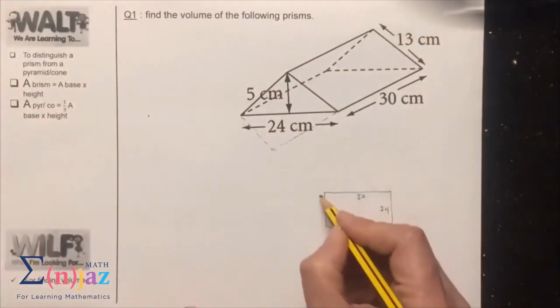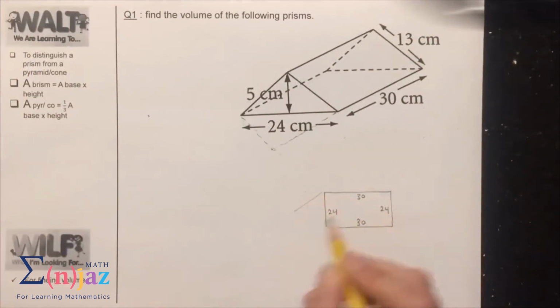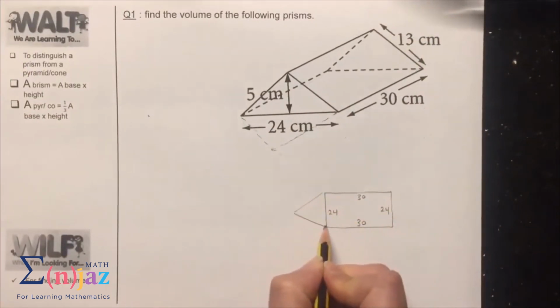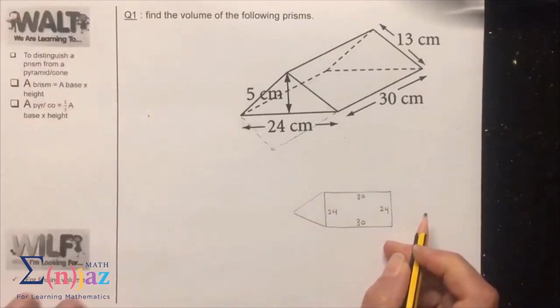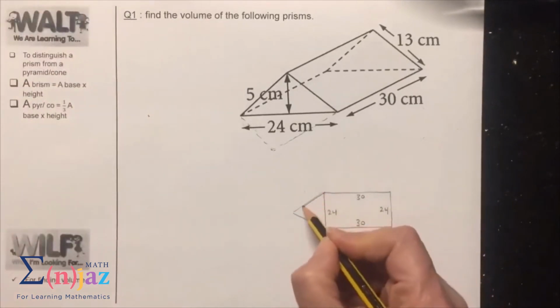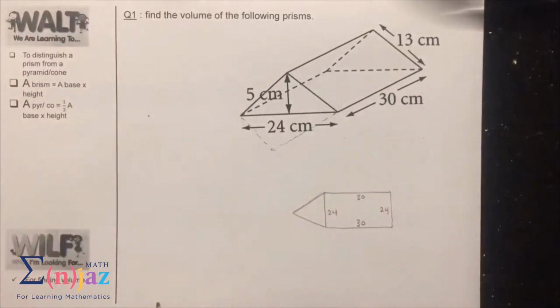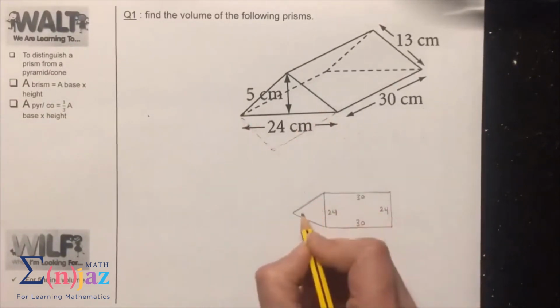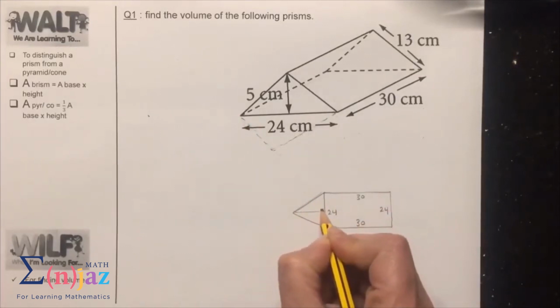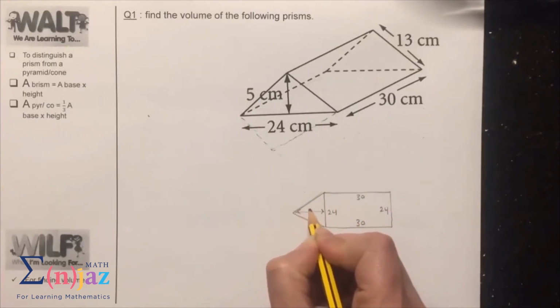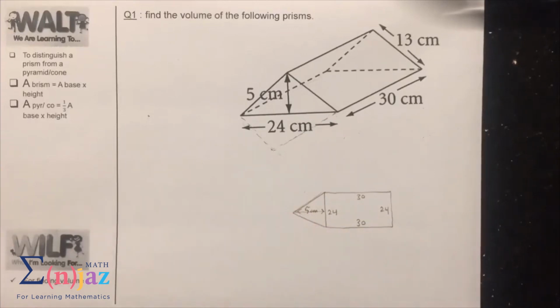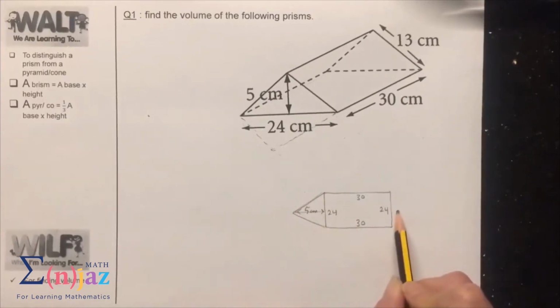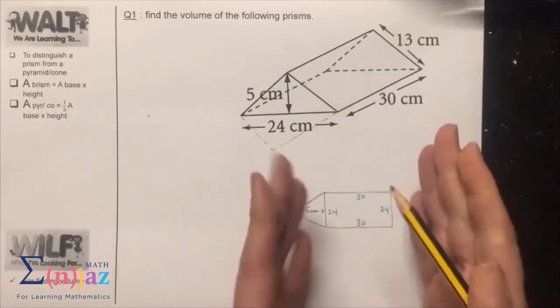So it's gonna be, and the distance here is 24, which makes sense, and the distance from here to here is 5 centimeter. You're going to draw the exact same one opposite to it.